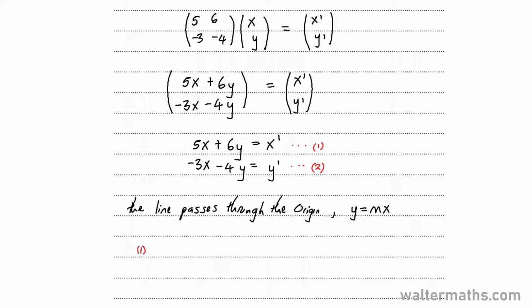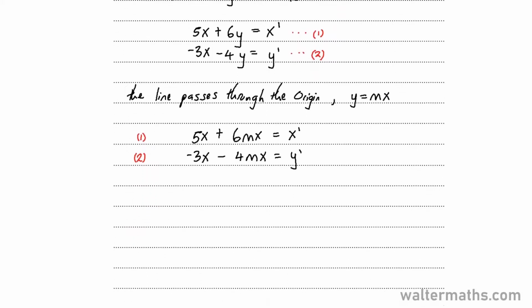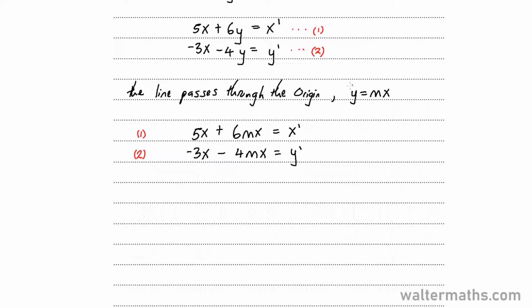So equation 1, when substituting mx in place of y, we'll be having it as 5x + 6mx, and it's equal to x'. Then for equation 2, substituting mx for y, then we'll be having -3x - 4mx is equal to y'. But now the image is going to be the same as the object since the line is invariant.